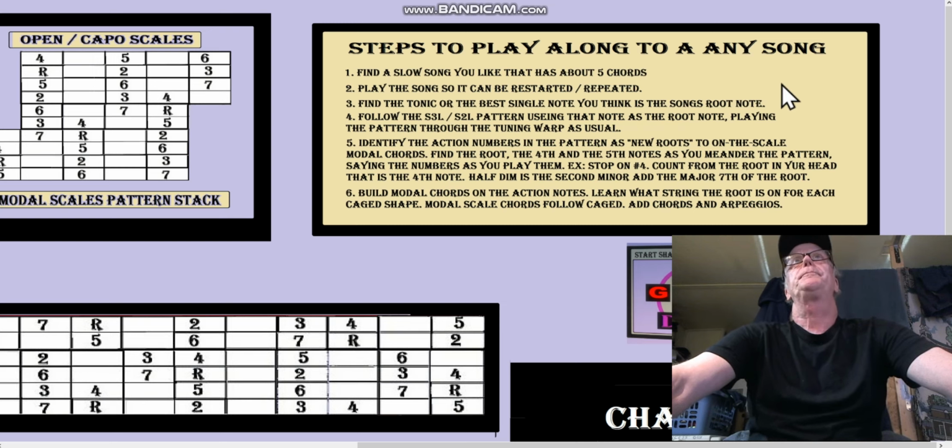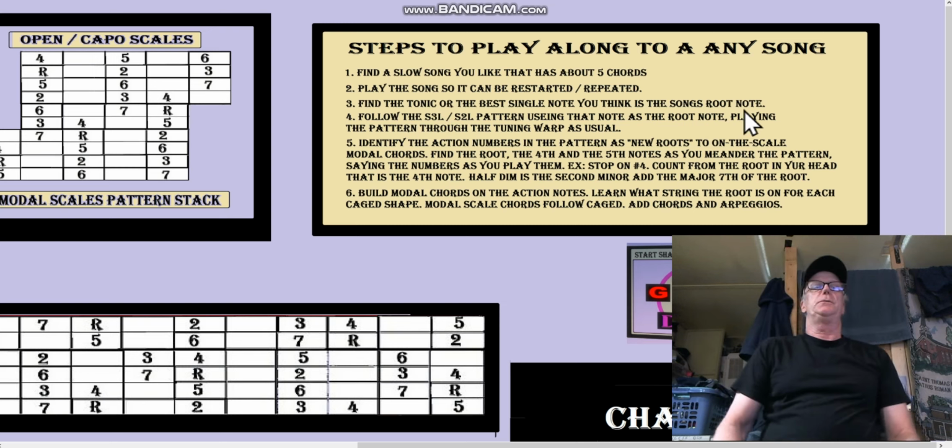If you want to get a screensaver of this, you can. It just says: find a song you like. Make sure you can repeat the song so that you can keep playing it through again. Find the tonic, or the best note you think is right for the song. Follow the S3L, S2L patterns.